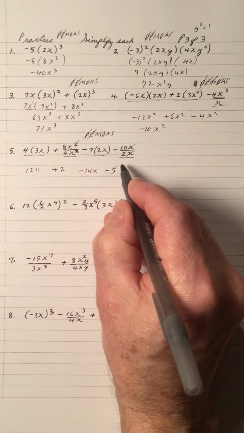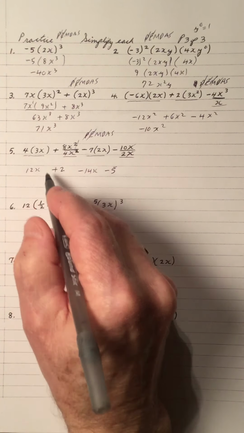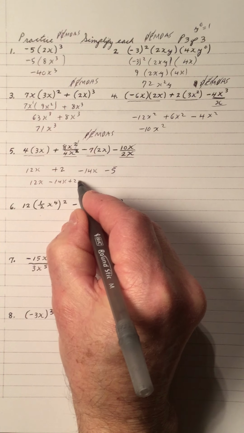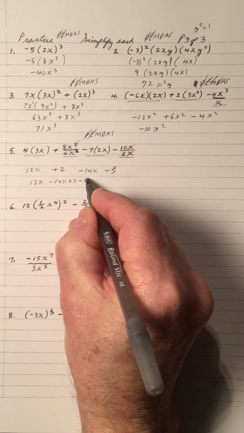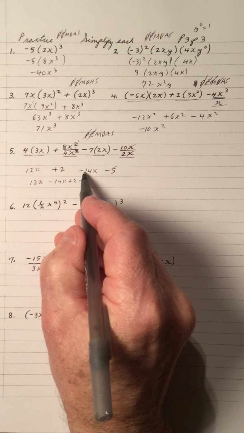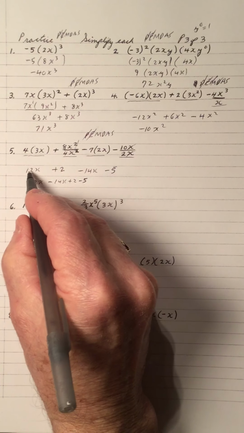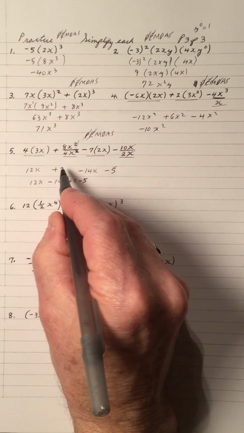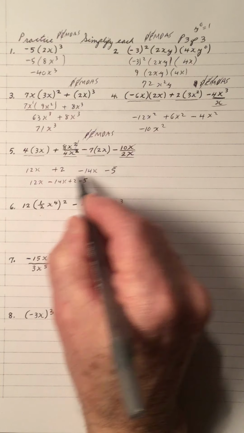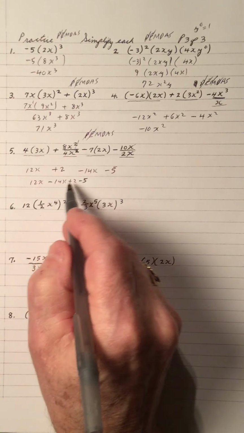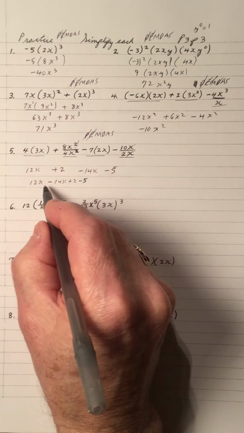And I add my like terms. Now if I want to, I could group these together, but here they are. Notice when I'm moving them, I do not change these signs. So that's 12x, and that's negative 14, that's a plus 2, that's a minus 5. So after you rearrange them, you keep the same signs.